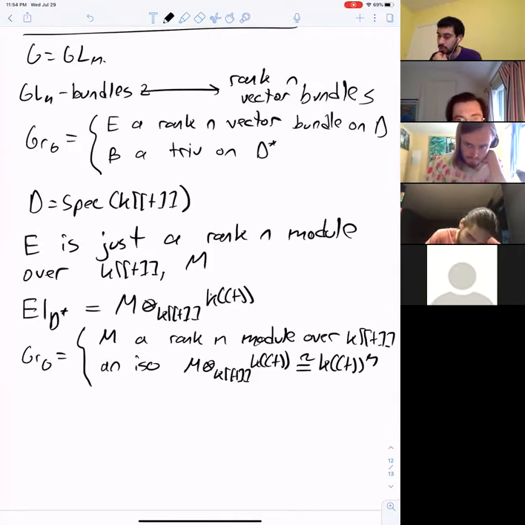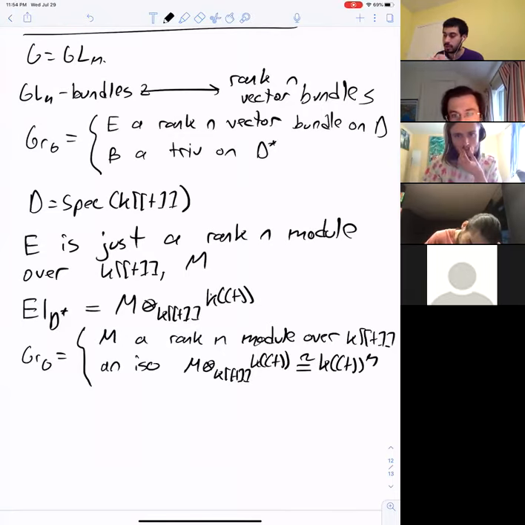Also, it's worth noting that once we have this identification at the bottom, we can think of all these rank N modules as already embedded inside Laurent series to the nth power.